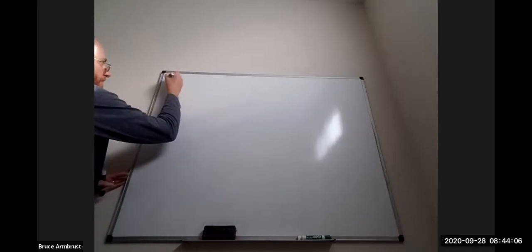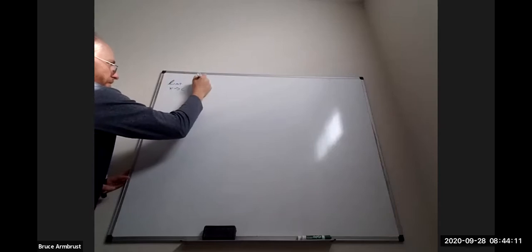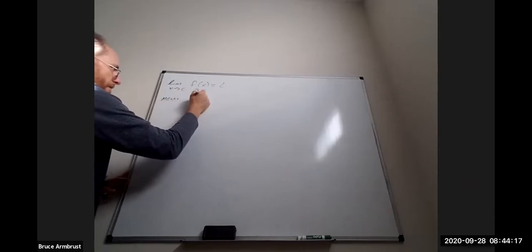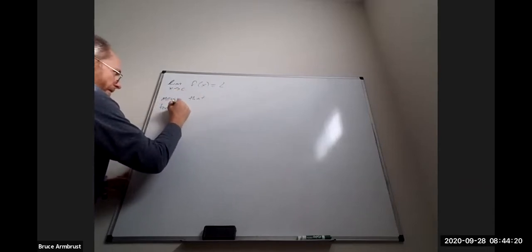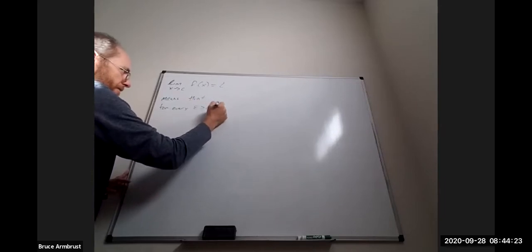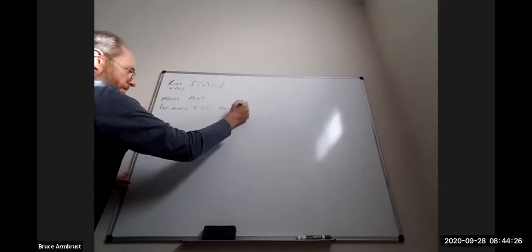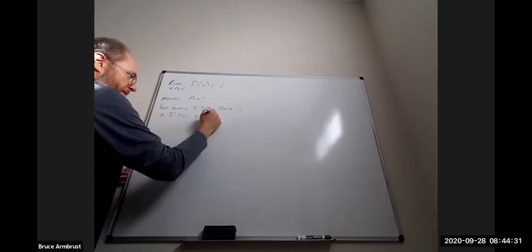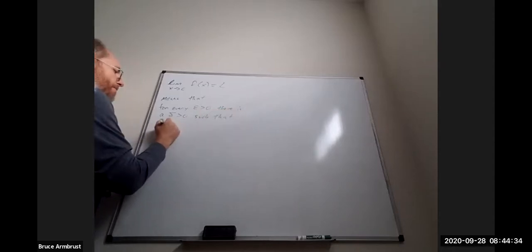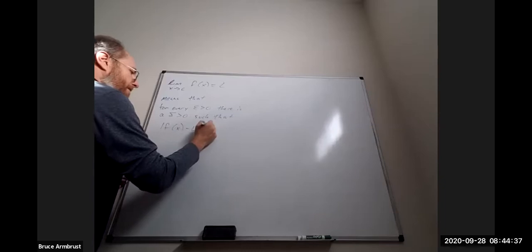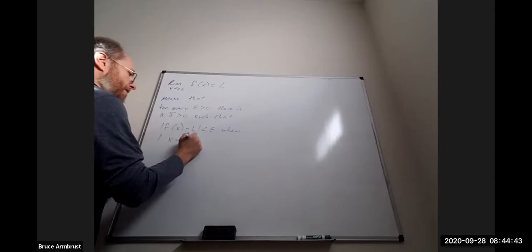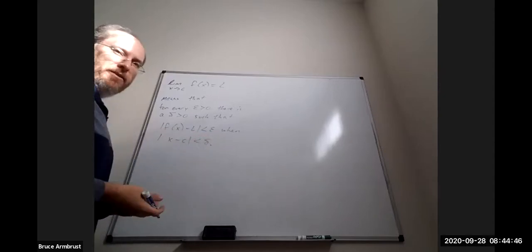Okay. So we say that the limit as x approaches c of f of x equals L, what this means is that for every epsilon greater than 0, there is a delta greater than 0 such that the absolute value of f of x minus L is less than epsilon when the absolute value of x minus c is less than delta.